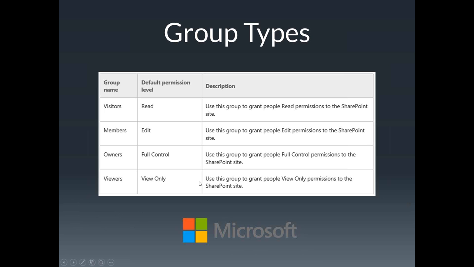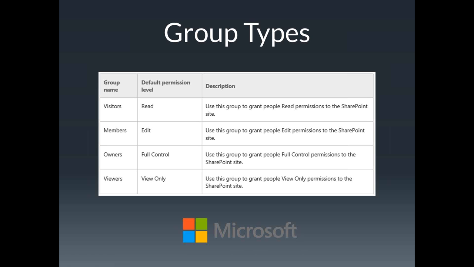The viewers permission group isn't used a whole lot, but from how it's been explained to me, the view only is very much set up for if you want to allow external people access to a particular resource or part of your SharePoint site. A really great example is you may have a policy or procedure or some information for your clients that you want to make accessible to them, but you don't want them to have the ability to view any of the documents in that document library, or you don't want them to edit.